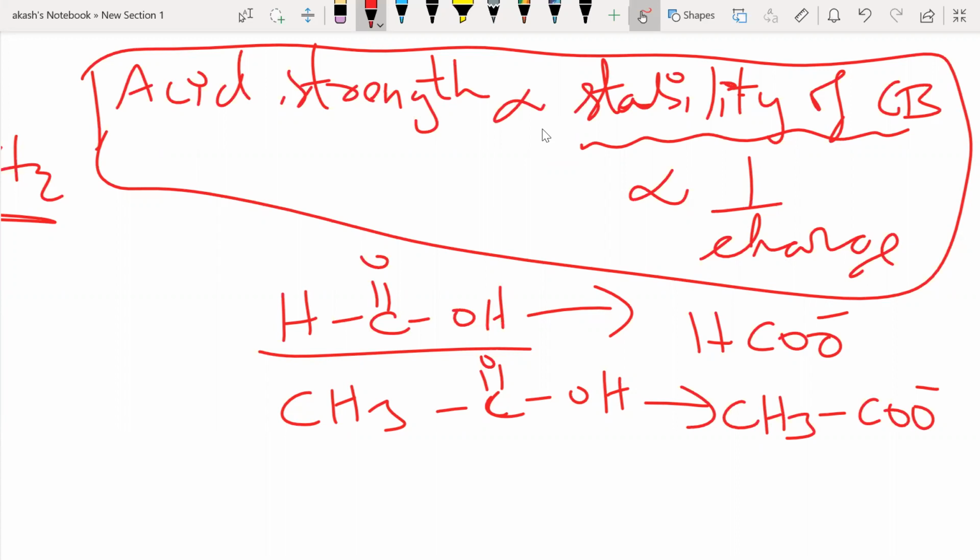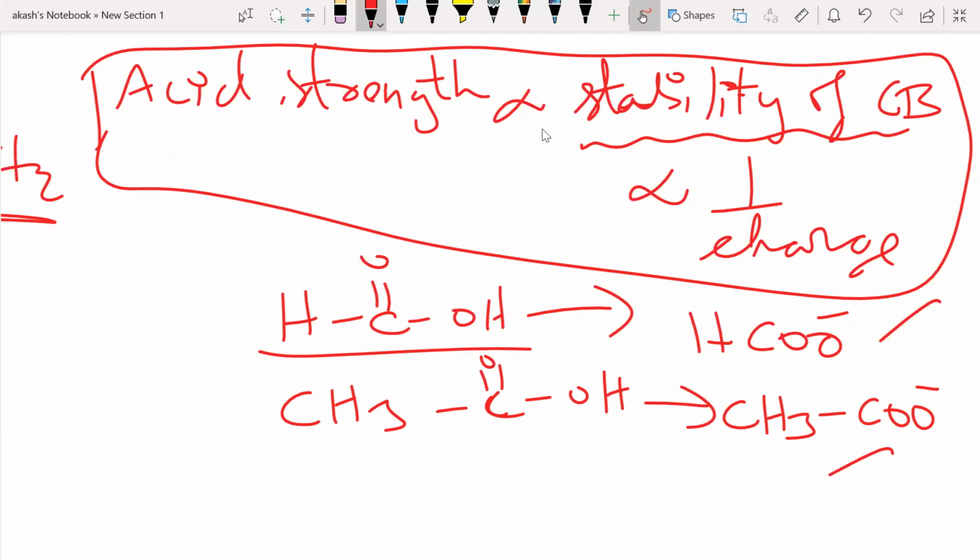From what you know from inductive effect, the criteria is lesser charge, more stability. Out of these two, which is having the lesser amount of negative charge? Whichever has the lesser amount of negative charge, that particular acid will be a stronger acid.